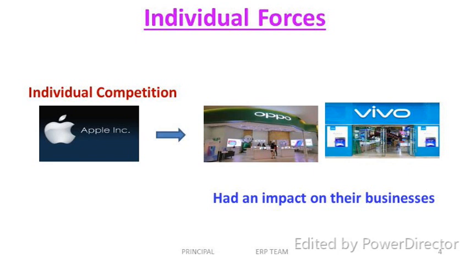Again, Apple was the first company to introduce gold color in their phones, which led to a boom in the sales of their mobiles. Seeing this, Apple's competitors also started including gold color in their phones. So we see Apple here is an individual competitor, which had a direct effect on other competitive companies like Vivo and Oppo.